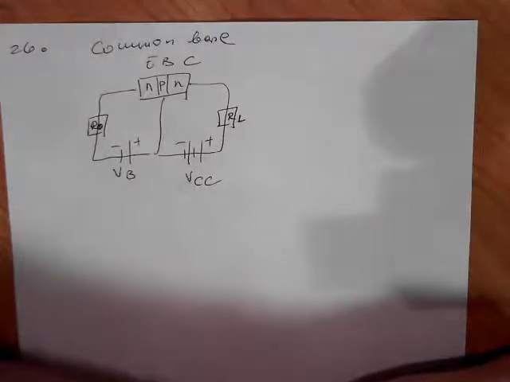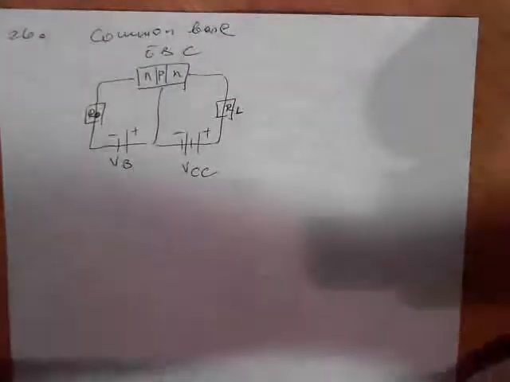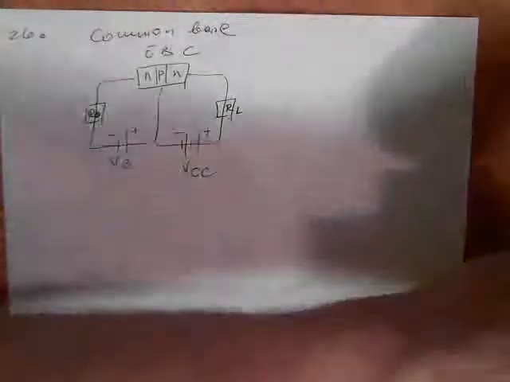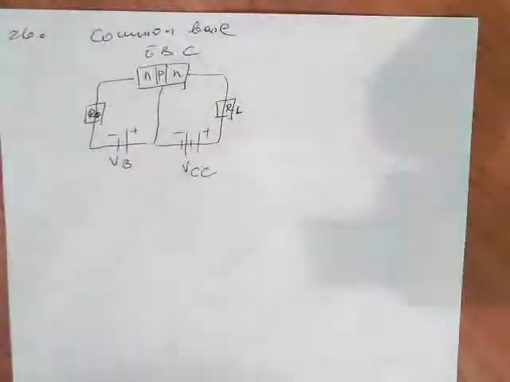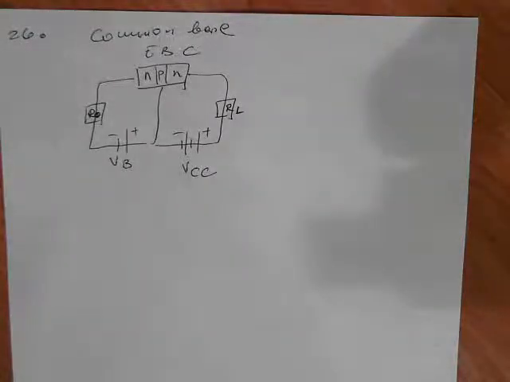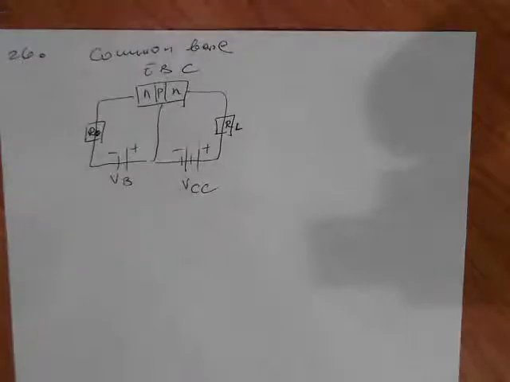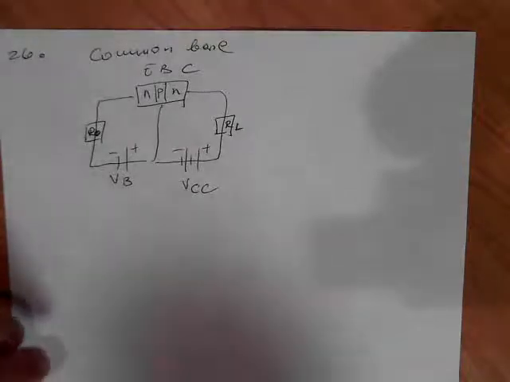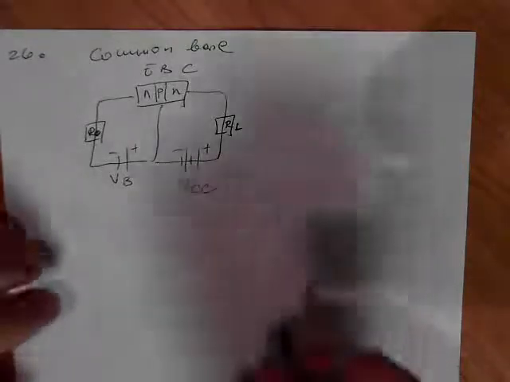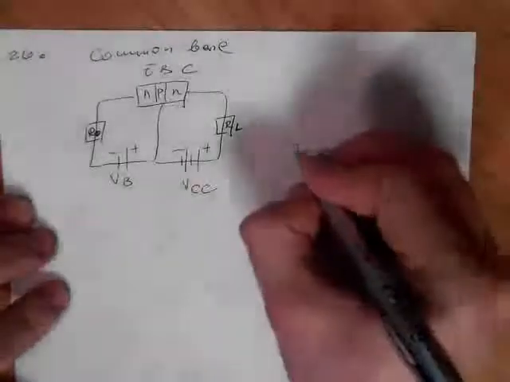This was the voltage at the base or the emitter, and the amplification is K voltage.